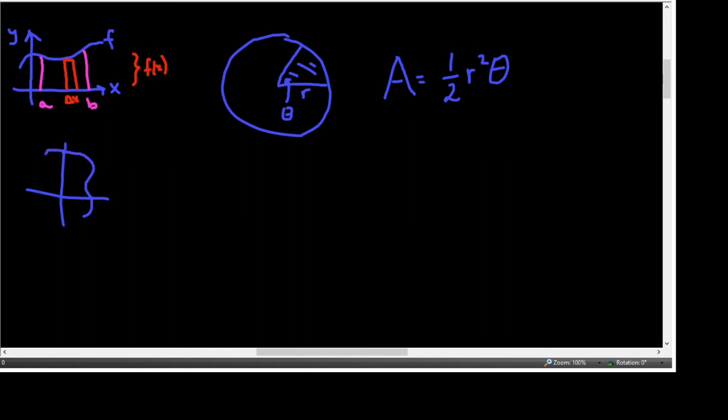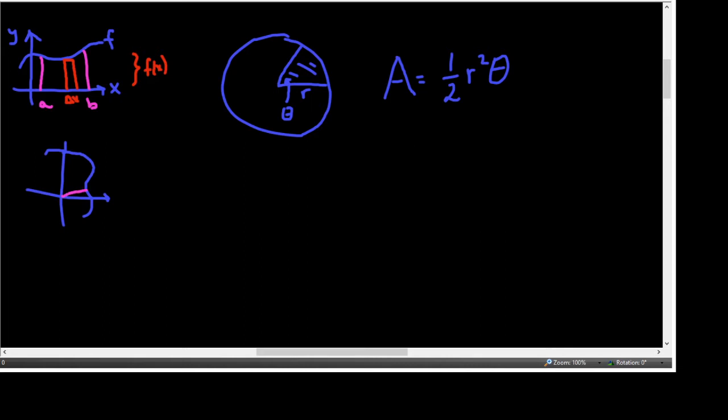Let me make the y-axis a little bit bigger. If that's my curve, then what we'd want to do is realize that we're going between an angle here.